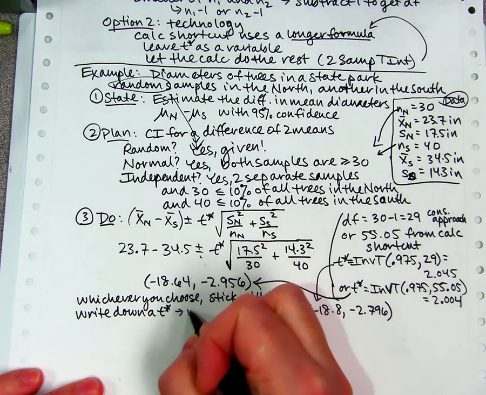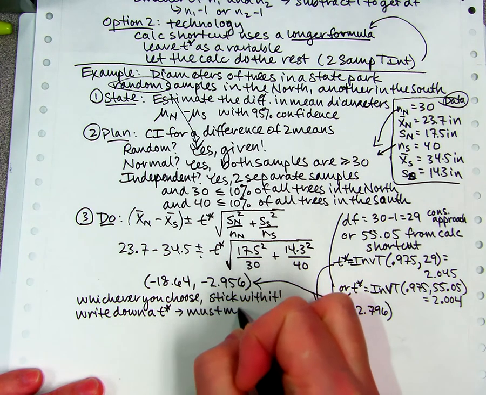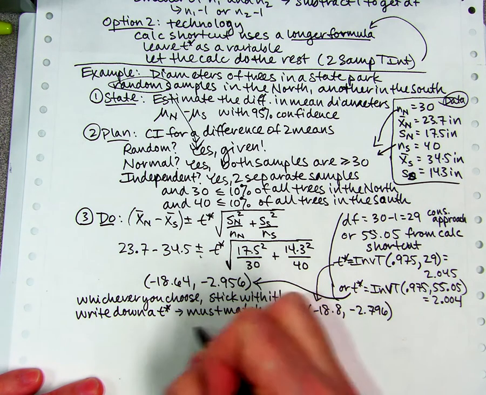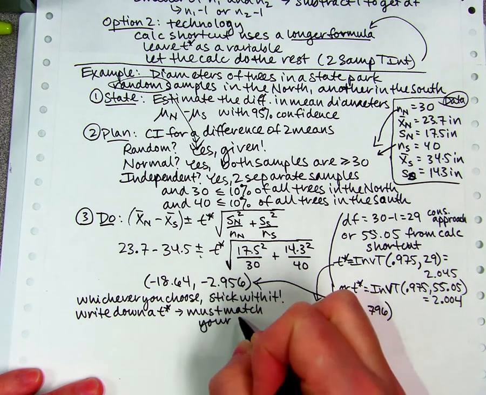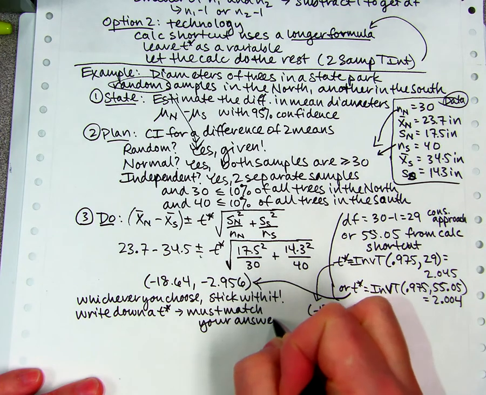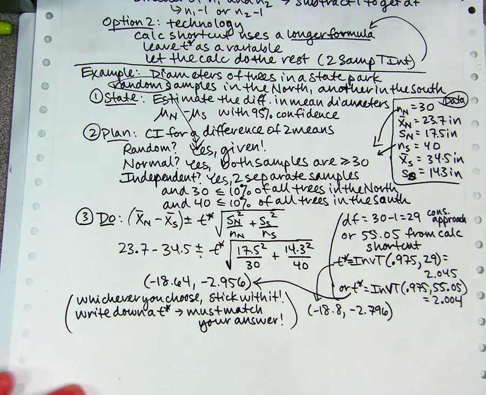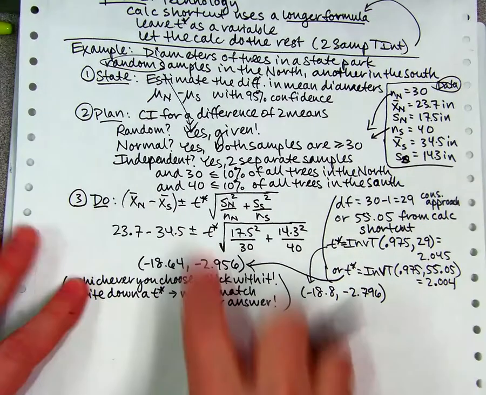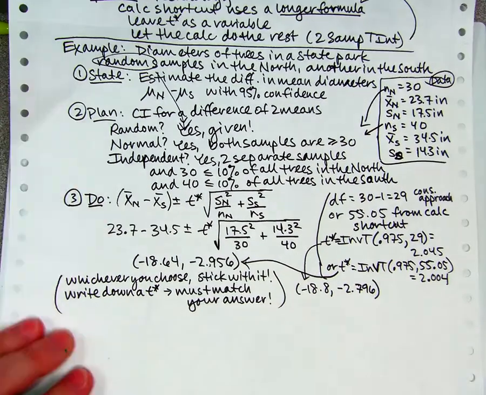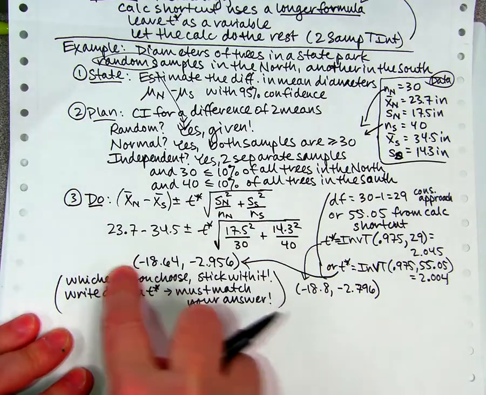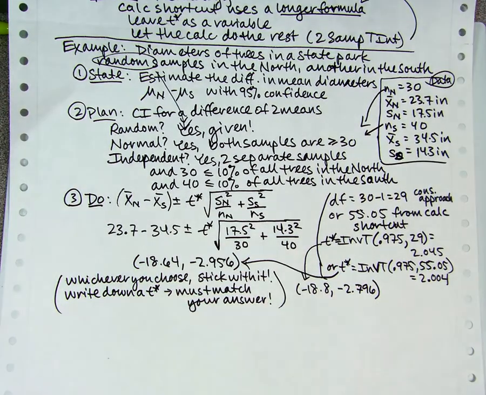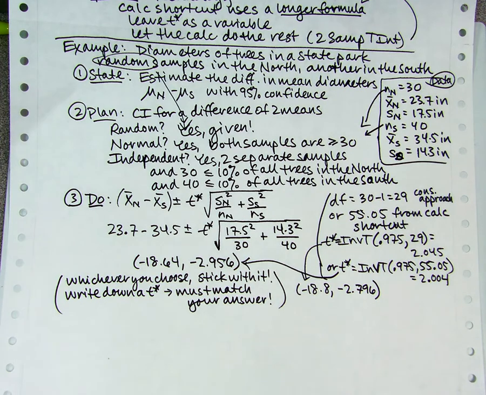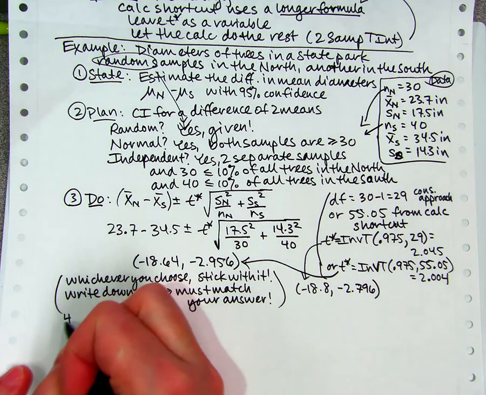It must match your answer, or else they'll mark you wrong. So that's my advice, is choose one method and stick with it, and don't write down what T star is unless you're sure that it's the same one that you used to get this. That's what I'm saying.